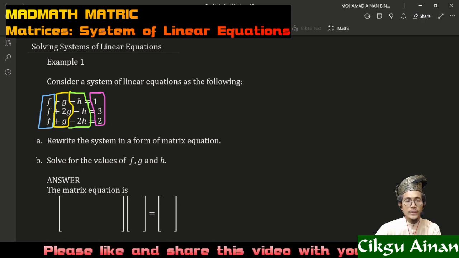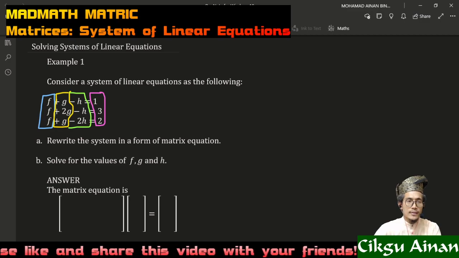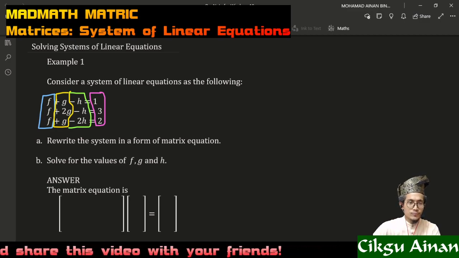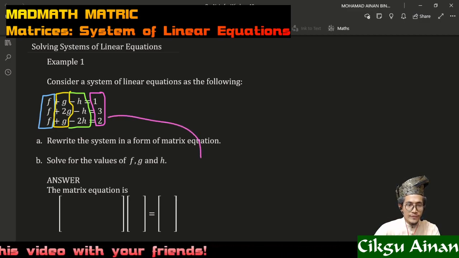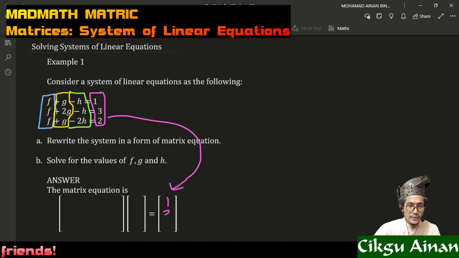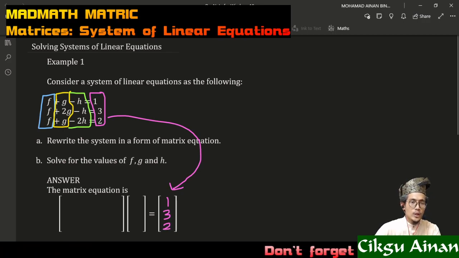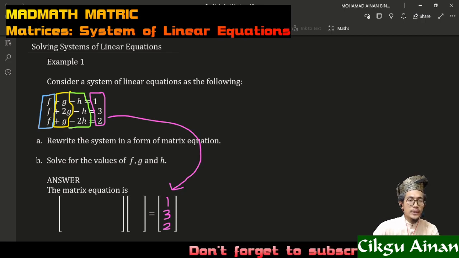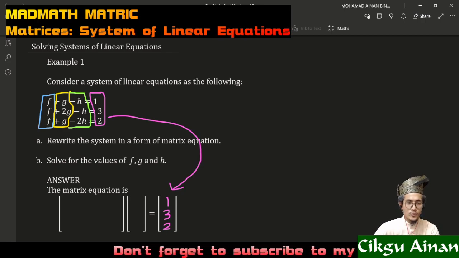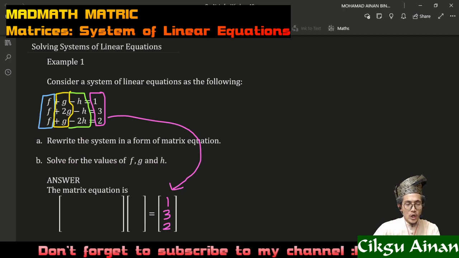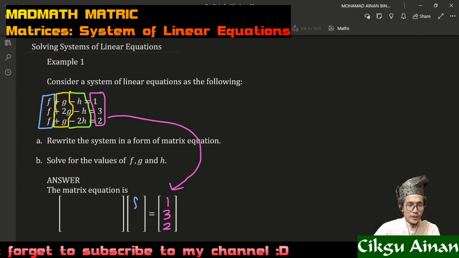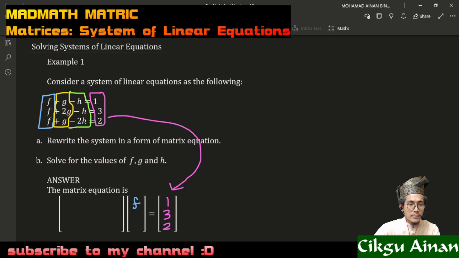The constants are on the right hand side of the equal sign. Everything is in place, so we can copy the values: 1, 3, 2 over here. Then we copy the coefficients of the variables one variable at a time. The first column is the coefficient of f, and the numbers are 1, 1, and 1.